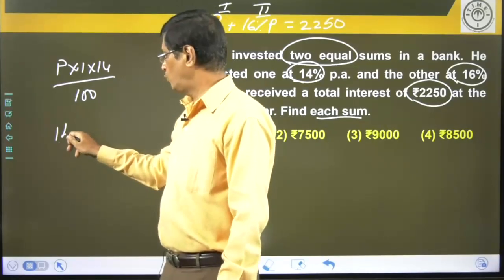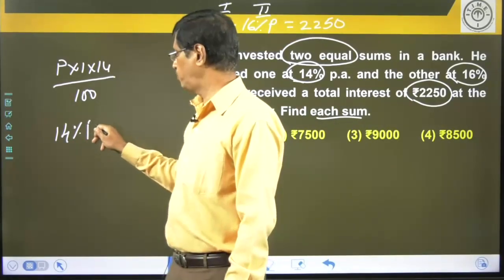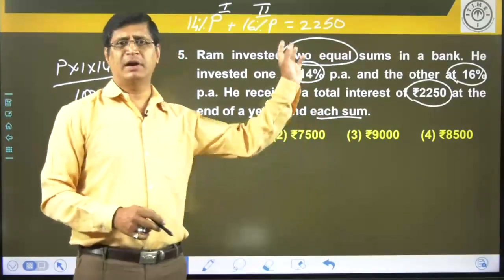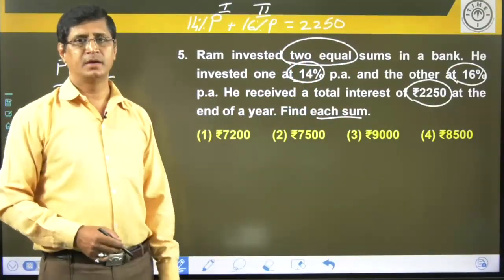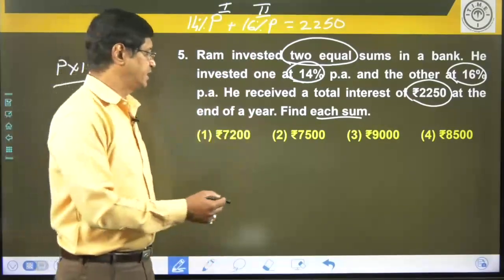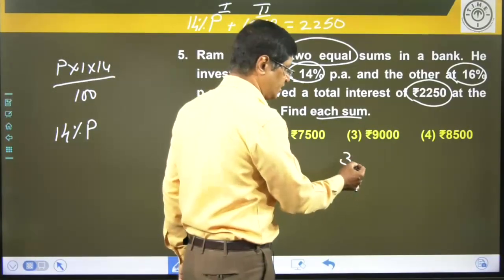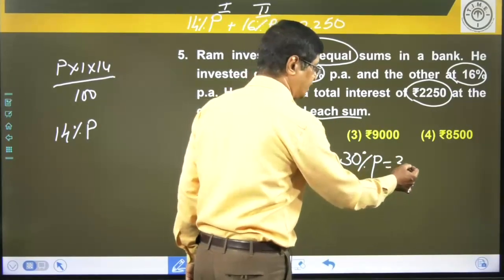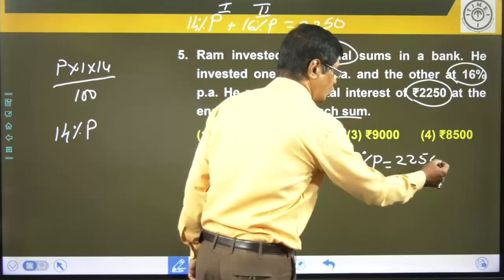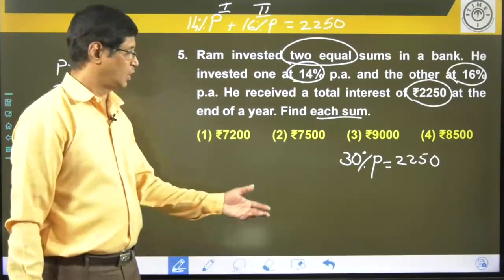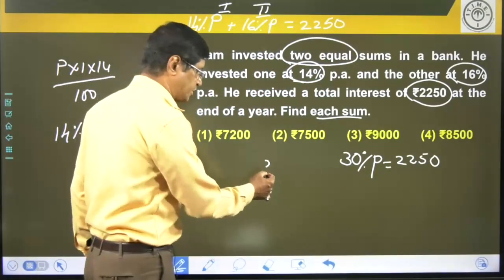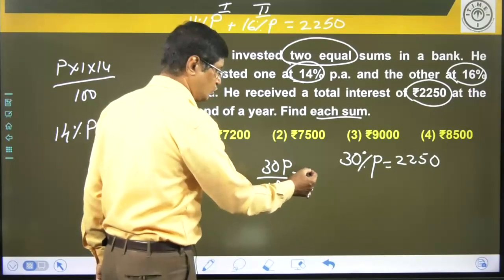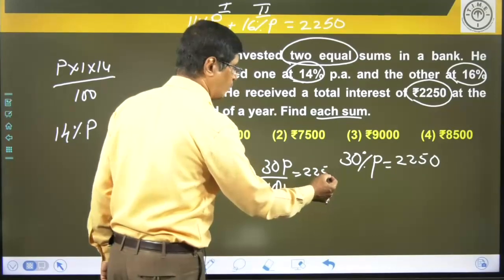It means 14% of P. So, directly I am writing 14% of P. In the same manner, 16% of P. 16% and 14% total, how much is it? 30%. 30% of P is given here, 2250. Now, cancellation. 30% means 30 by 100 into P equal to 2250.